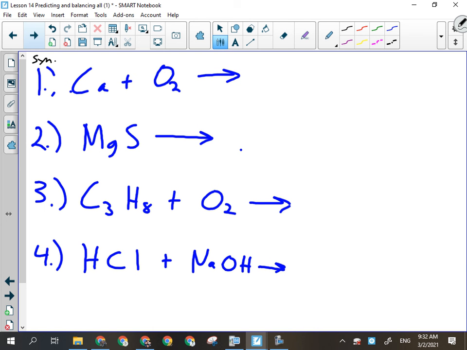What kind of compound is going to be formed when I put a metal with a non-metal? An ionic compound. In an ionic compound, I write the metal first and the non-metal second. What do I have to do with all ionic compounds? Drop and swap. So this is a -2, this is a +2, so that compound is okay the way I wrote it. I've written out my reaction.